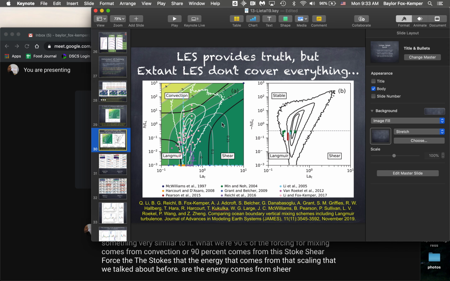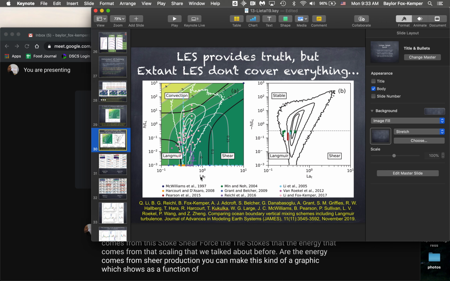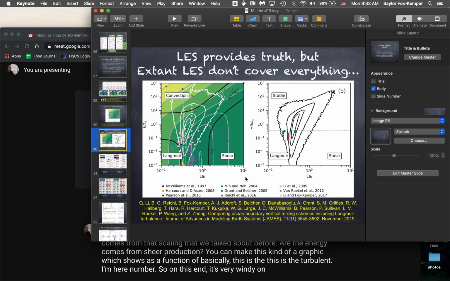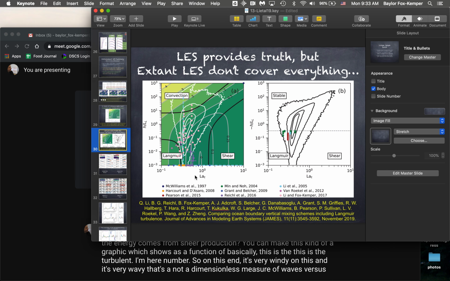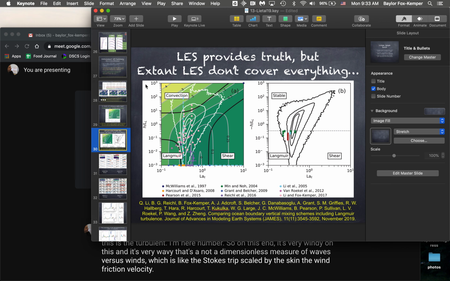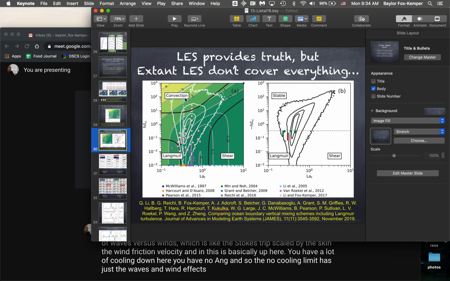You can make this kind of a graphic which shows, as a function of the turbulent Langmuir number, on this end it's very windy, on this end it's very wavy. That's a dimensionless measure of waves versus winds, which is like the Stokes drift scaled by the wind friction velocity. And then up here you have a lot of cooling, down here you have no cooling, so the no cooling limit has just the waves and wind effects, and the strong cooling effect could be strongly driven by convection.